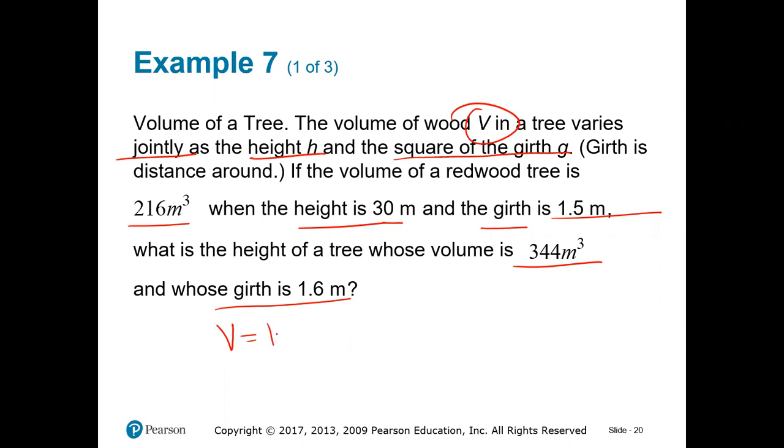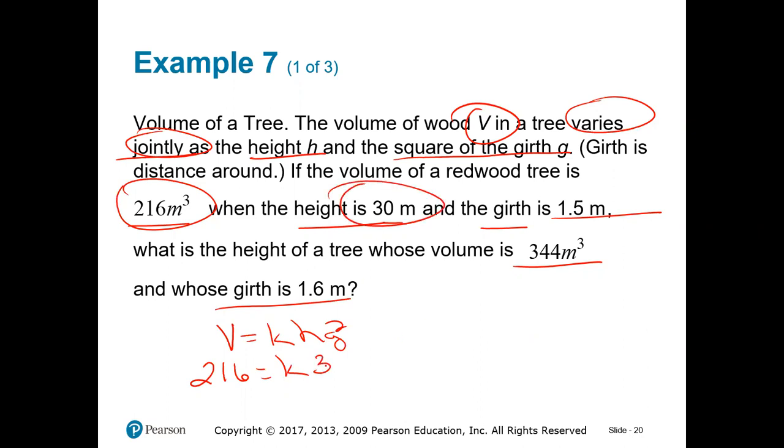So what I'm going to do is use our volume formula. We got V equals k h g squared. And again, we are talking about it varying jointly. And we have to figure out what k is, but we know what V is. V, again, is the volume of the tree, and the volume was given to us right here. So we have 216 meters cubed equals k. And then h, our height, was given to us, 30 meters, and then our girth was given to us, 1.5, and we're squaring that.